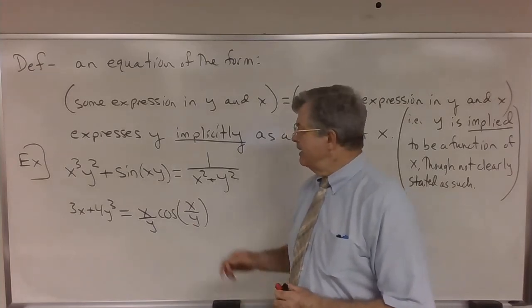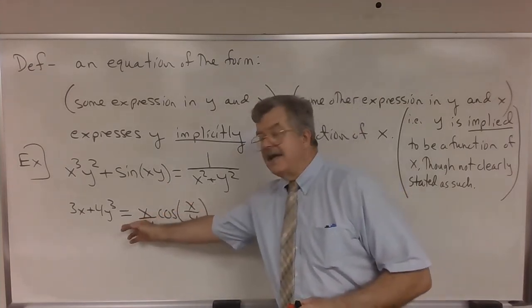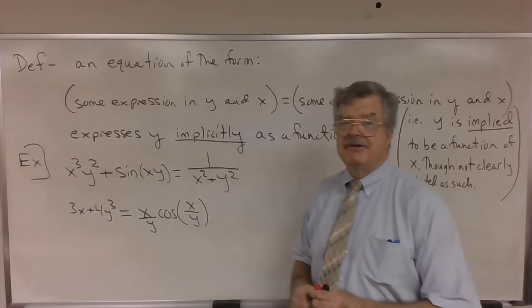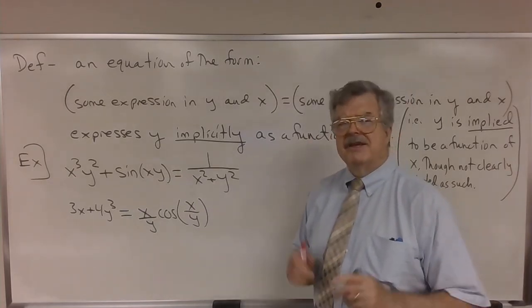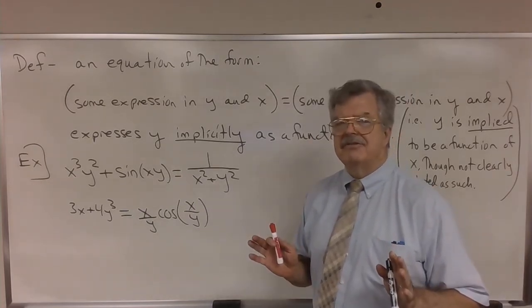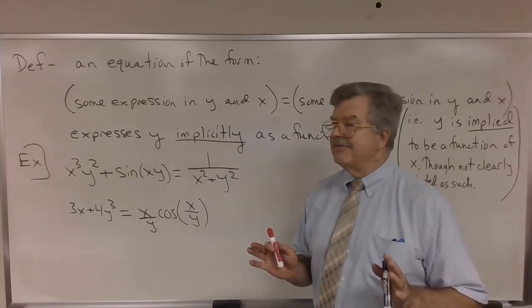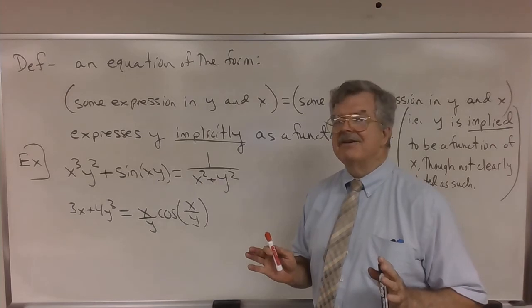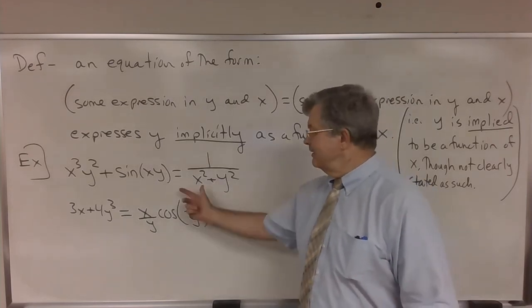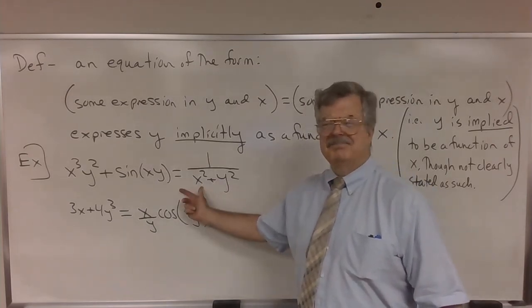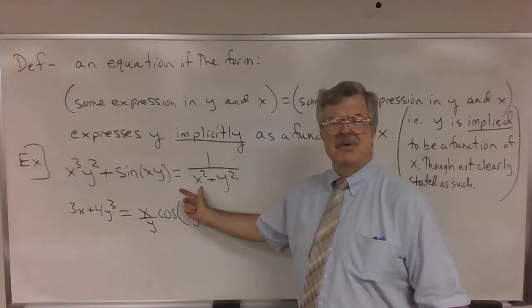x and y are related in each case. They both appear in an equation together. But the exact nature of that relationship is not clearly understood. As a matter of fact, it's not understood any better than, well, they must be related. They're both in the same equation.